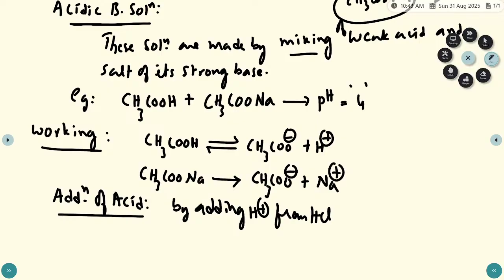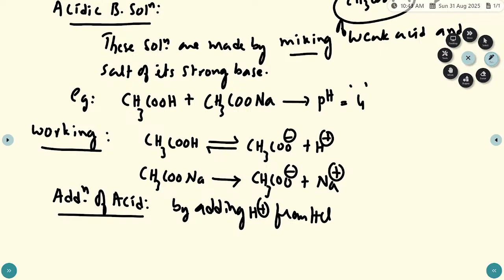So when the HCl solution is added to this buffer solution, here H plus ions are combined with CH3COO minus.